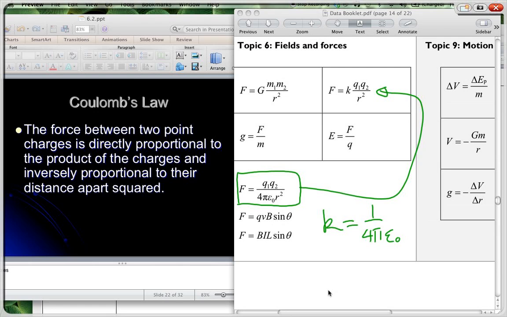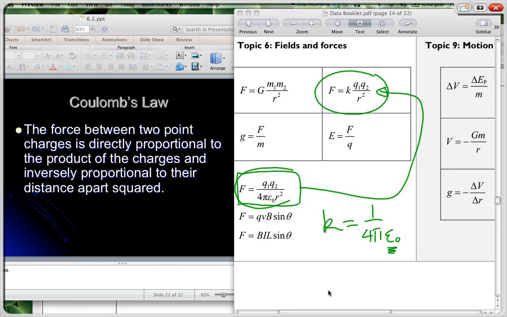And this is the permittivity of free space. That's relating to the electric field. Now, that changes when you go from one material to another. So if you were dealing with this in air or in a vacuum, you would use this value, epsilon 0, for free space.